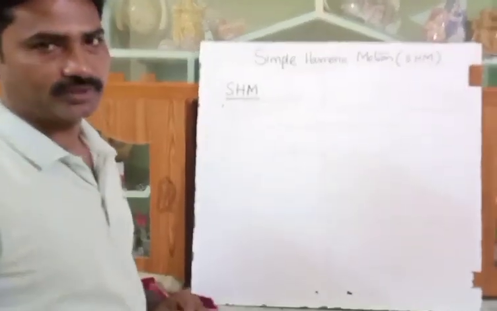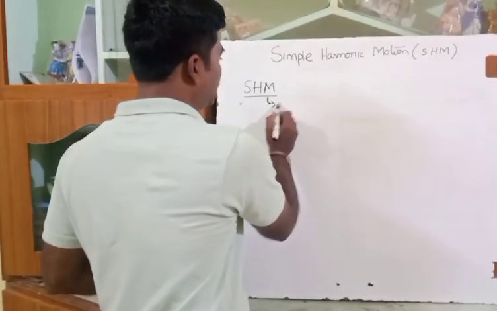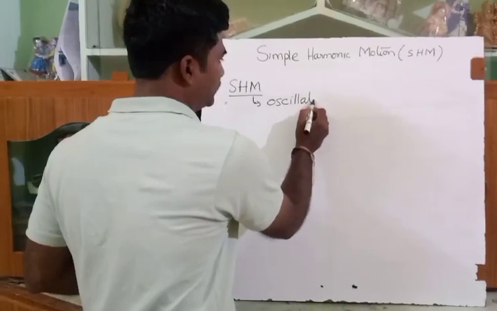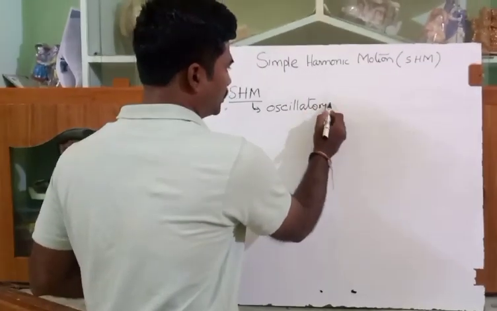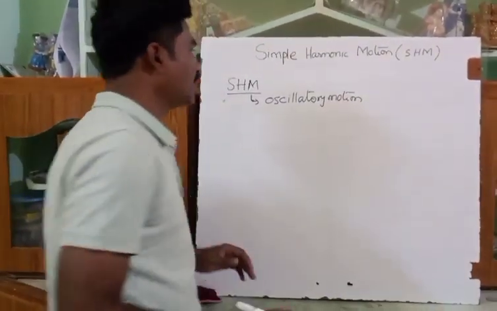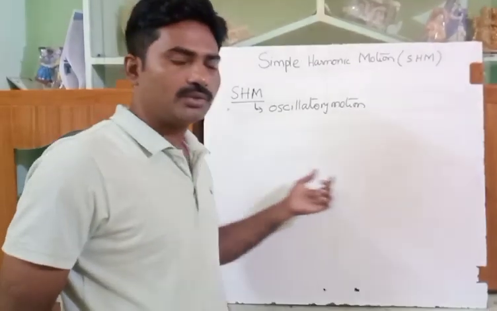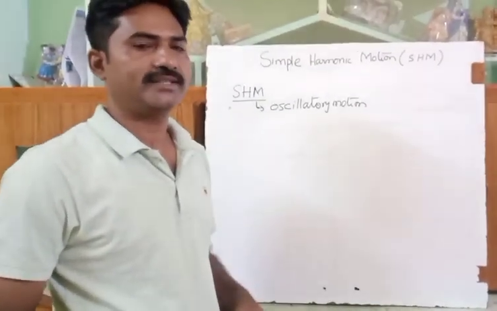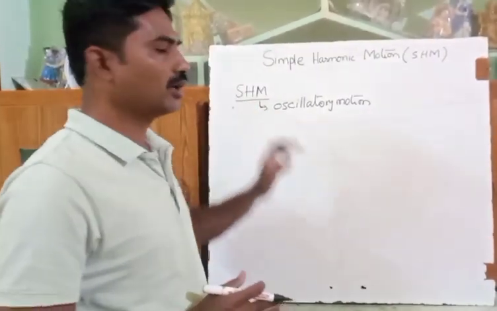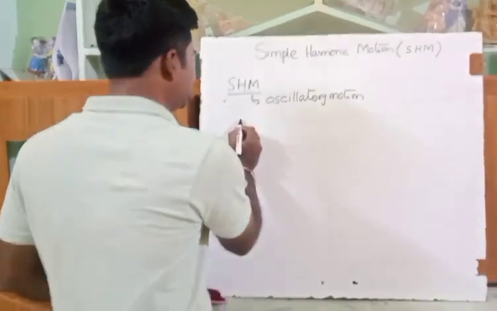Simple harmonic motion is a special type of oscillatory motion. That is, a body is oscillating to and fro about its mean position, then the body is said to be in simple harmonic motion. To understand this one, I am drawing some examples.